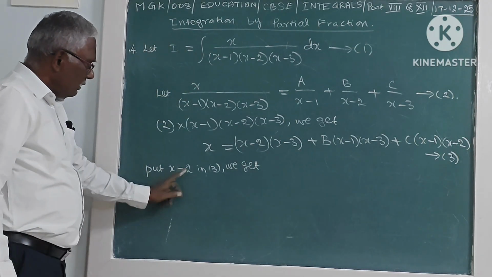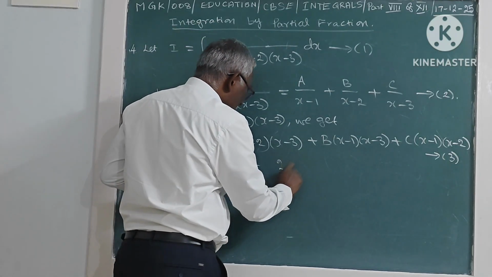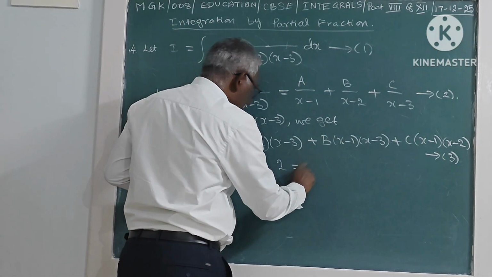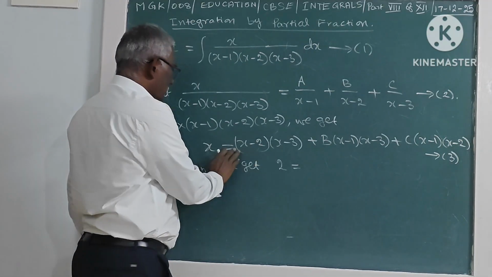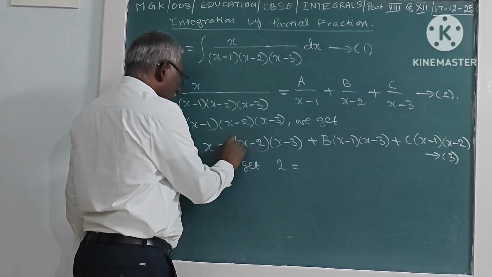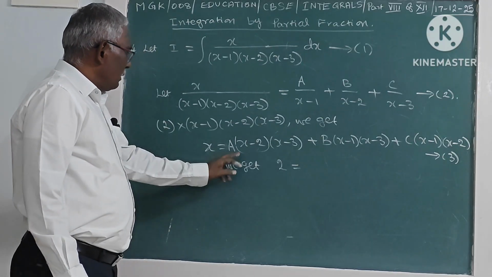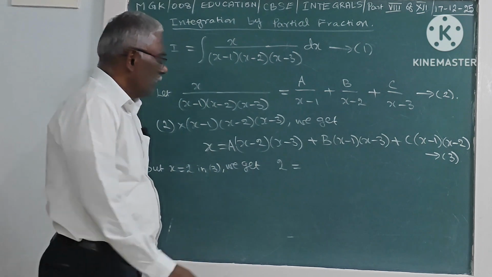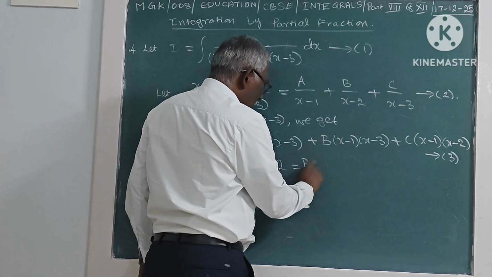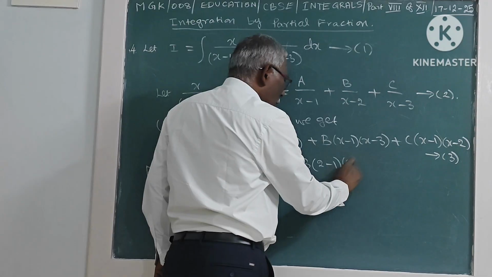Putting x is 2, the left hand side x is 2, that is equal to A into (x minus 2). If you put x is 2, what happens? 2 minus 2 will become 0. Then B into (2 minus 1) into (2 minus 3).